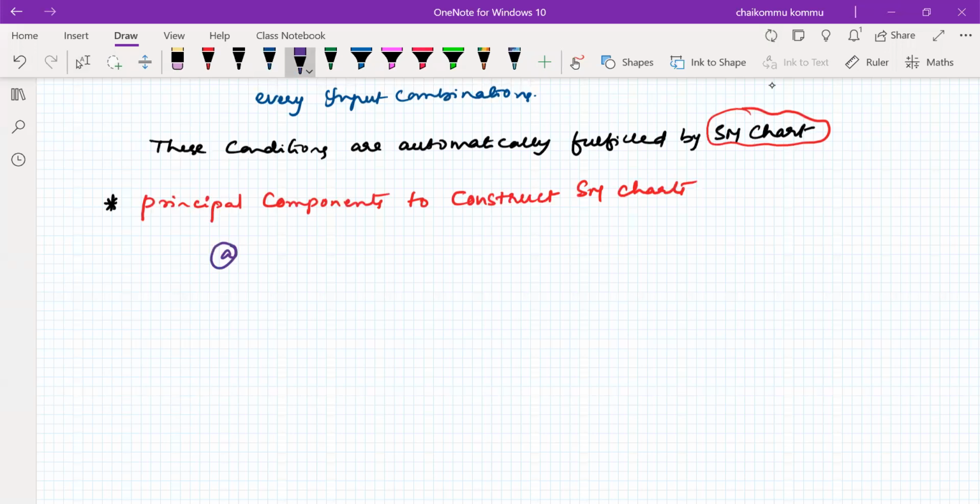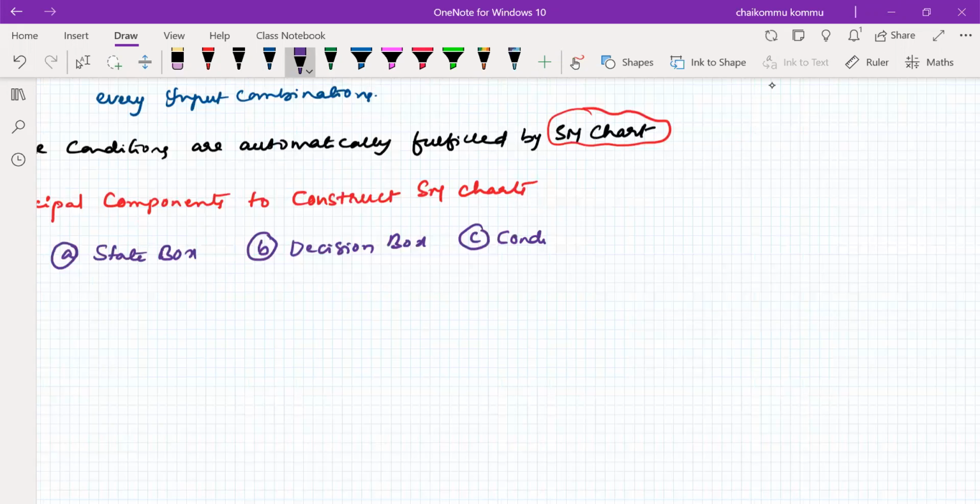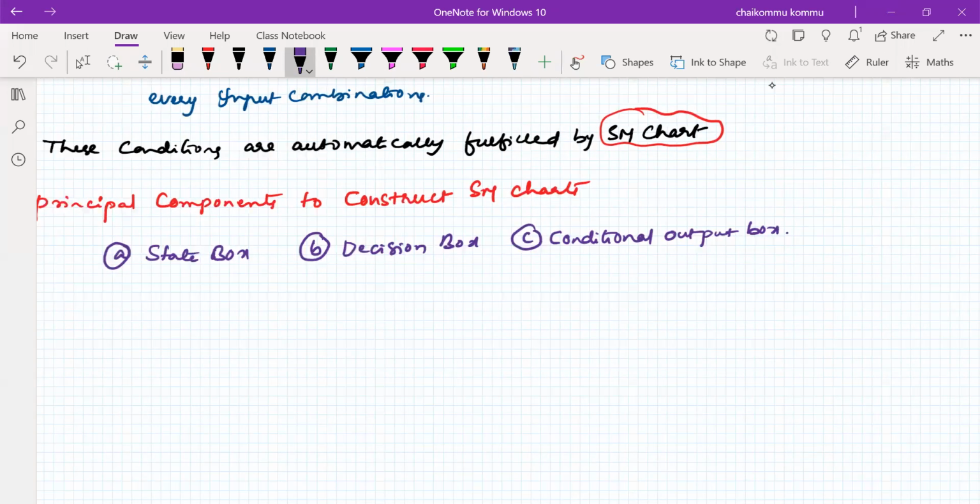One component is called the state box. The second one is called the decision box. The third one is called the conditional output box.